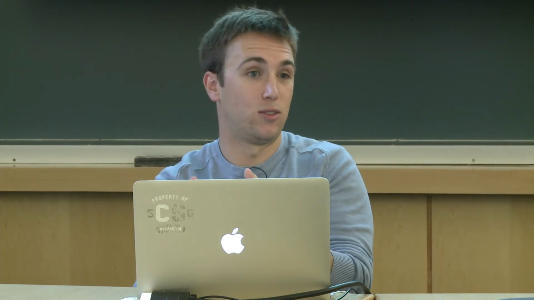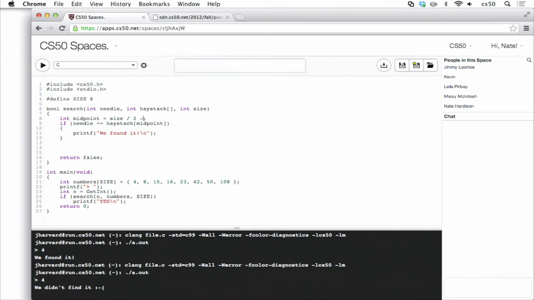We might end up trying to access the element at the 8th position of the array, which in this case doesn't exist. So we will want to do some sort of accounting for the 0 indexing. Or sorry, I meant midpoint minus 1 in the square brackets. We can do that.